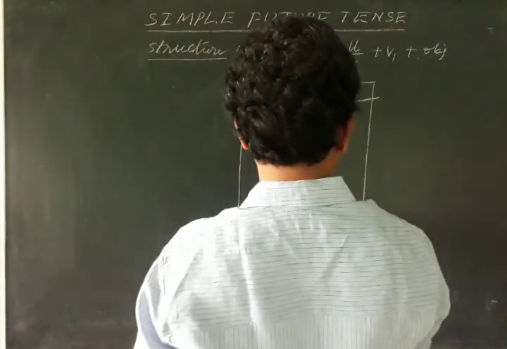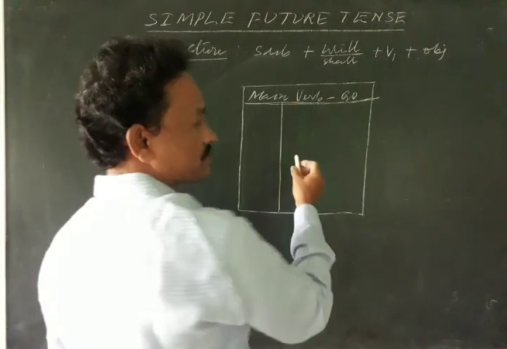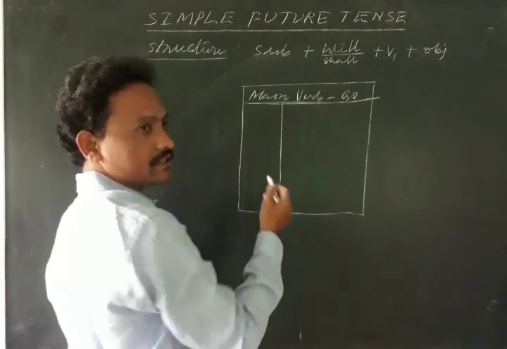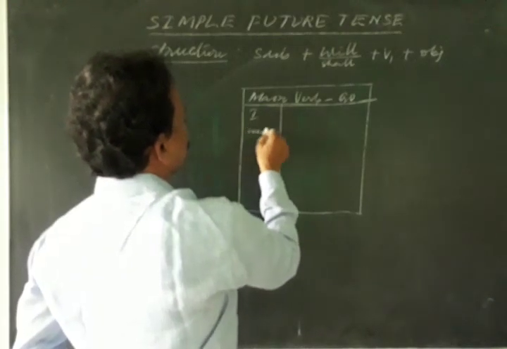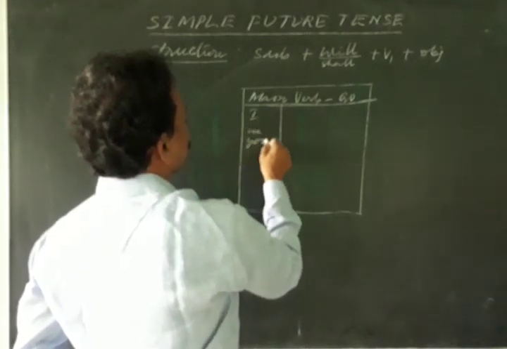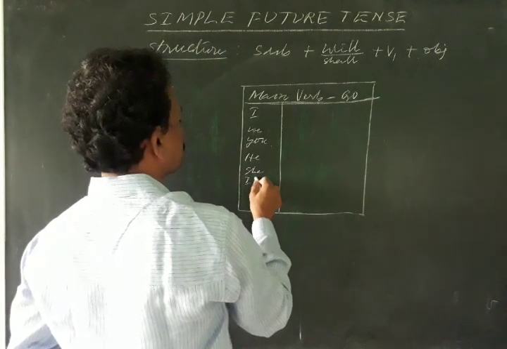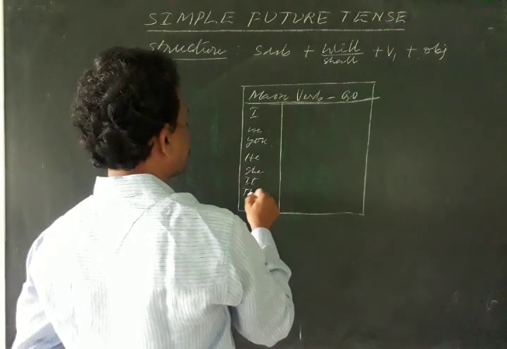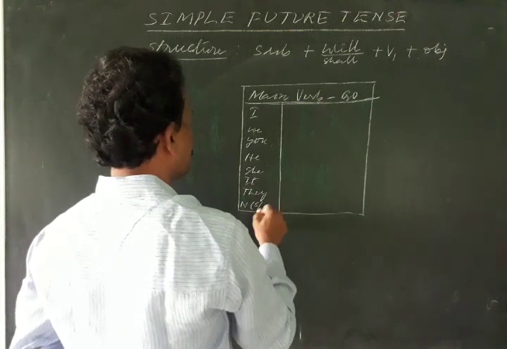Then let me write all subjects, I mean pronouns in the subject place: I, we, you, he, she, it, they, noun singular and plural.